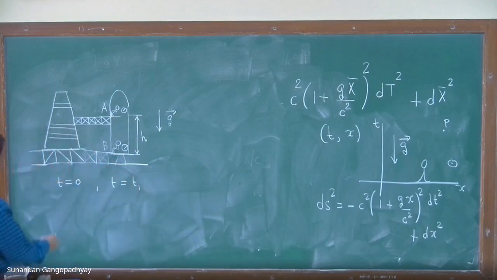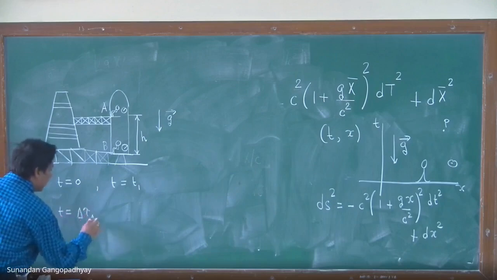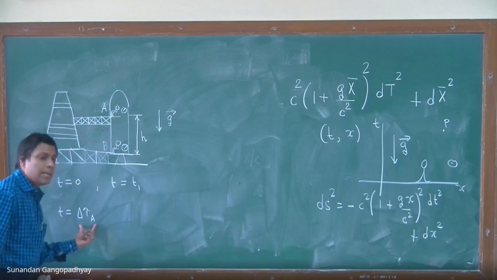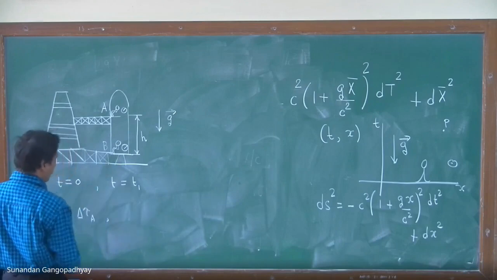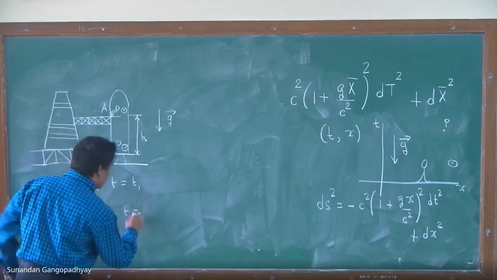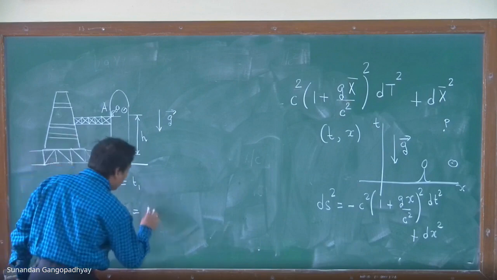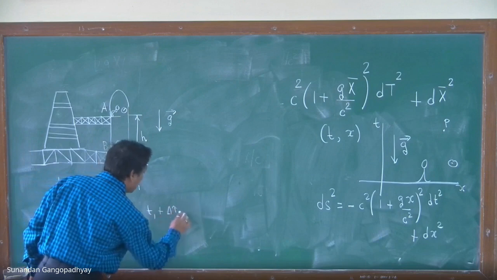Okay? And then at time t equal to delta tau a, so he is giving signals at intervals delta tau a. And this Bob has received the same signal after t1 plus delta tau b.